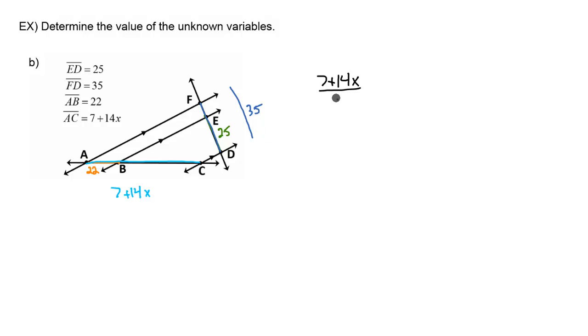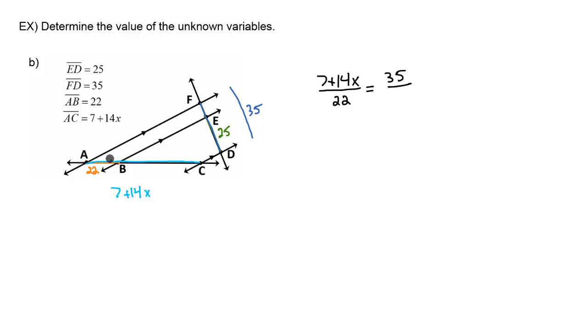So AB is going to be 22. Okay, now we have to set up a fraction over on this right side. So 7 plus 14x, that was A to C. So what over here matches with A to C? Well, it looks like the entire side is FD. So that's going to be 35. And then I divide that by the segment that matches up with 22.